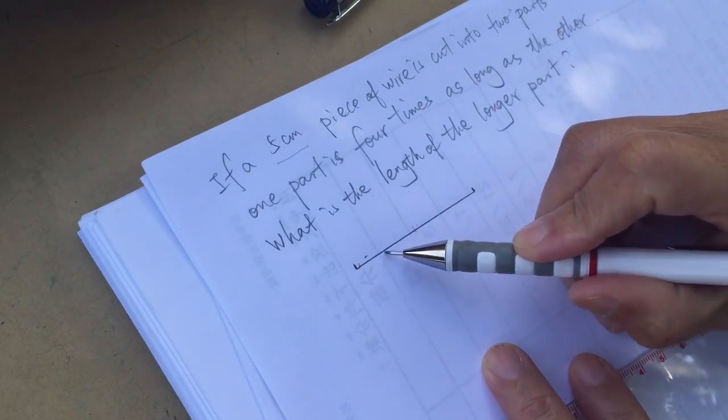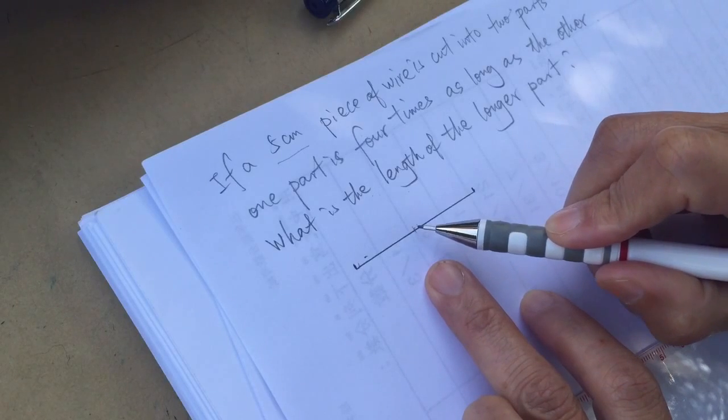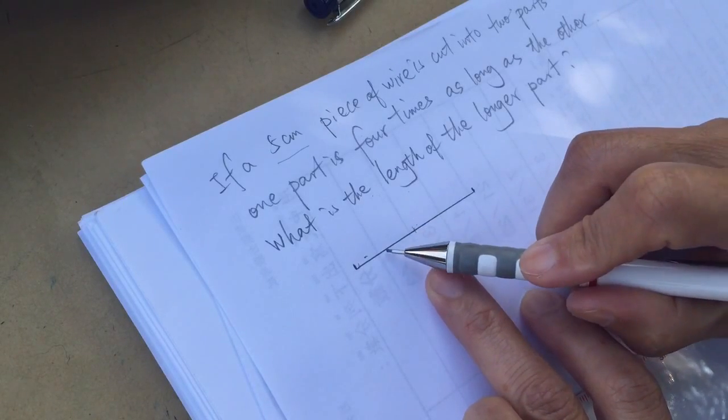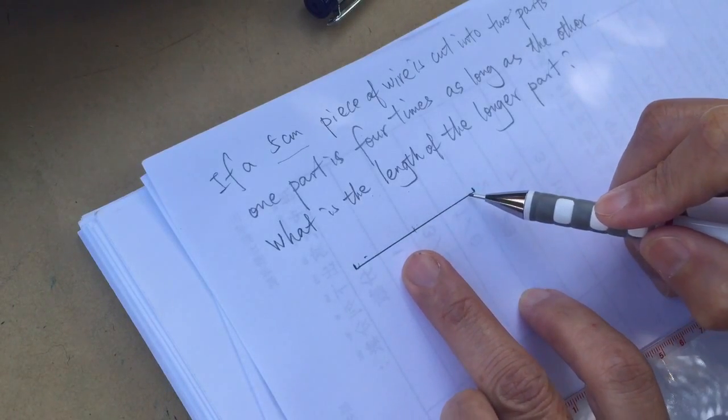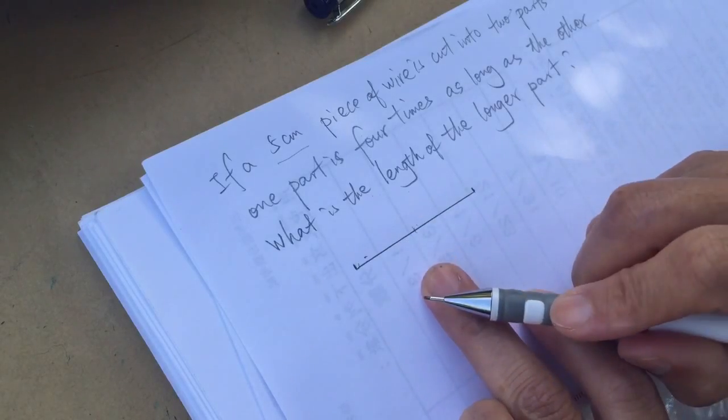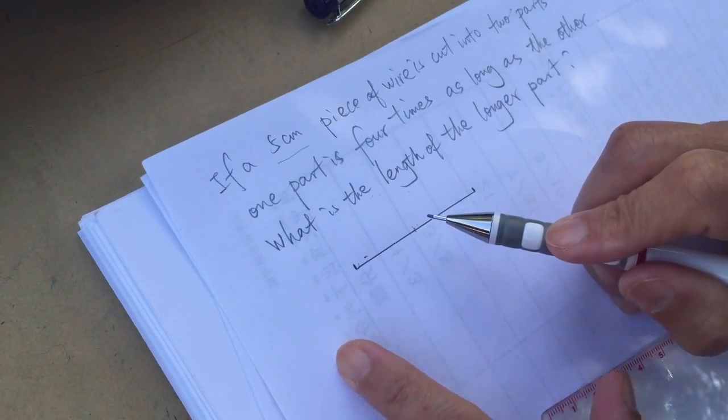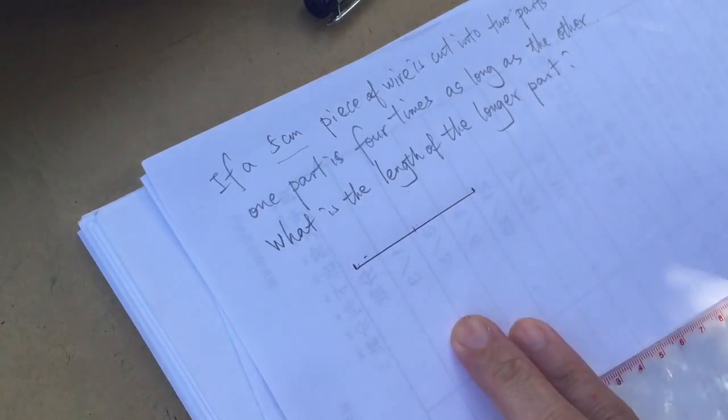So you can cut here or there, anywhere there is a point. One part is 4 times the other part. So there is one part, and there is another one which is 4 parts.